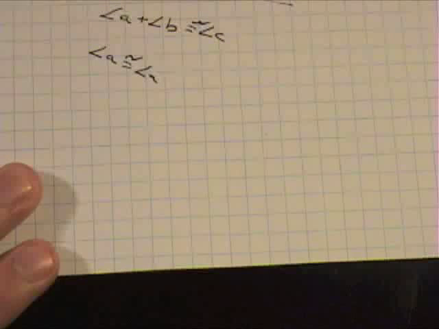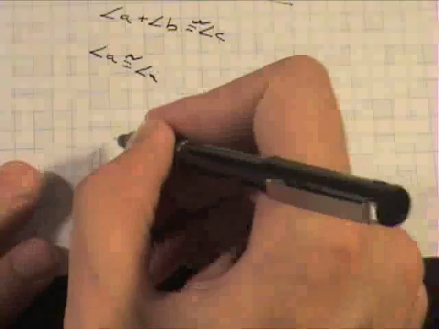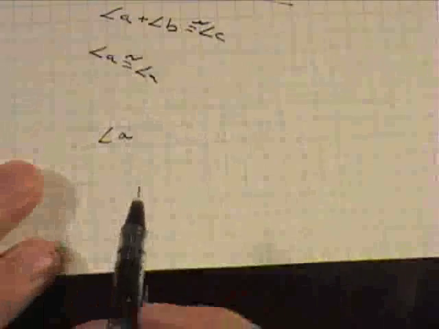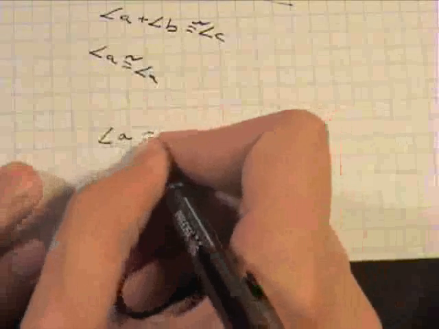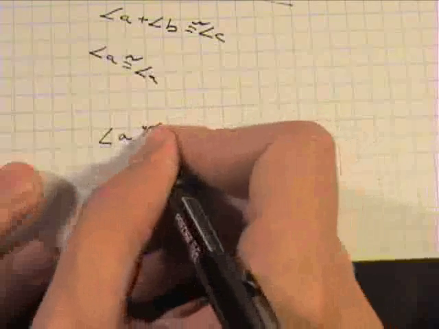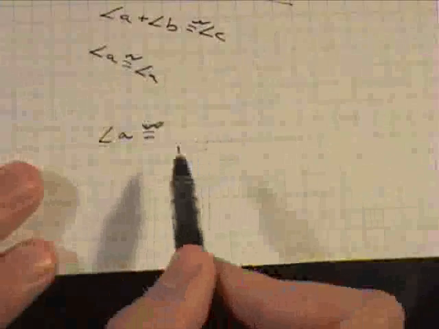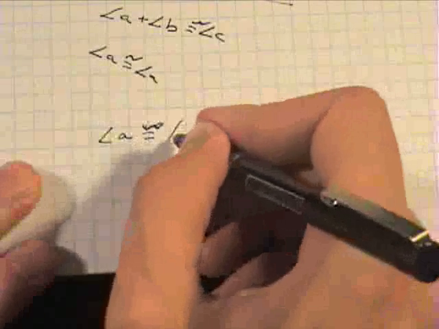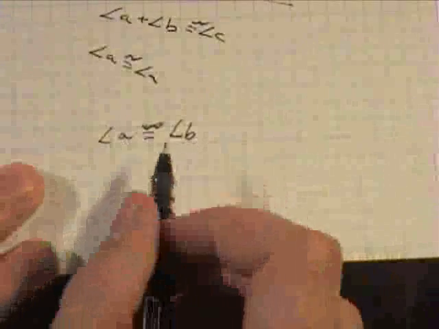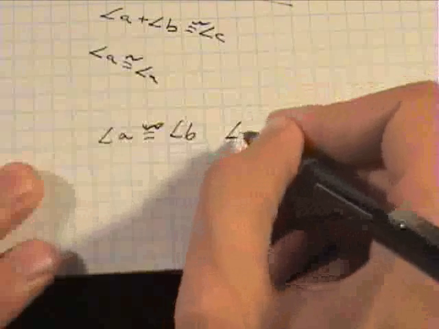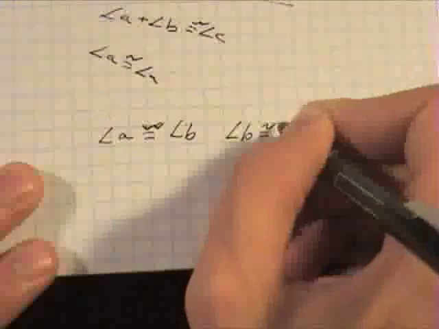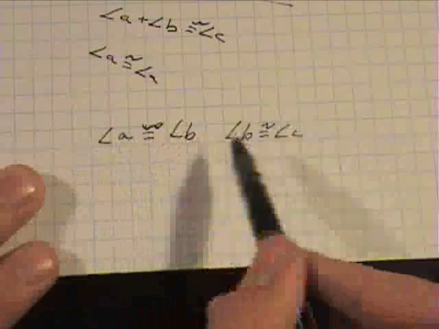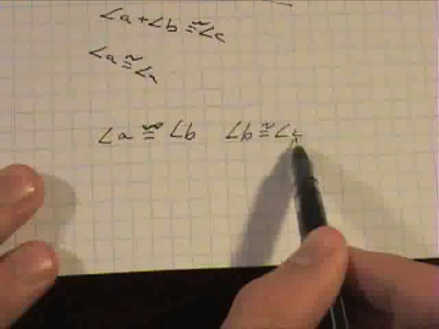Then you have your transitive property. That means if angle A is congruent to angle B, and angle B is congruent to angle C, so these are the same measure, and these two are the same measure.